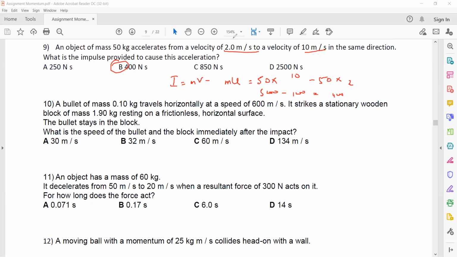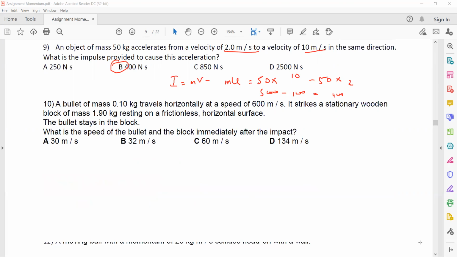Then question 10. A bullet of mass 0.1 kilogram, this is M1. It is moving, so this is the initial speed, U1 you can say. It strikes a stationary wooden block, that is M2. It is stationary, so speed is 0.